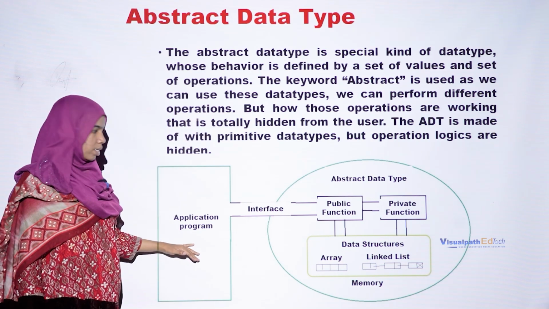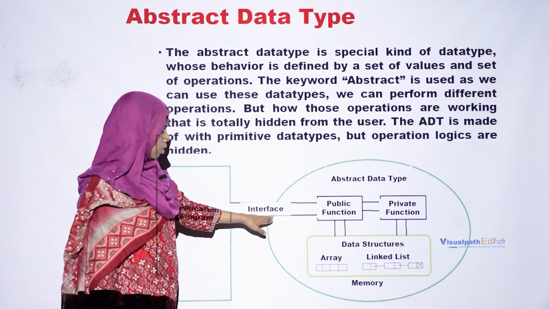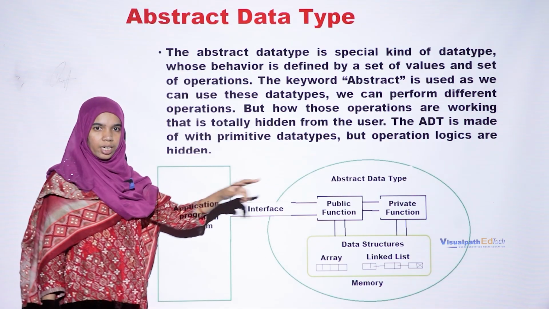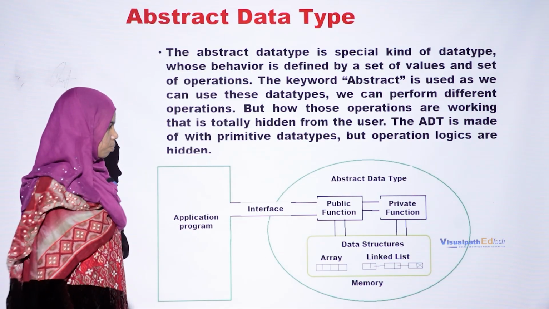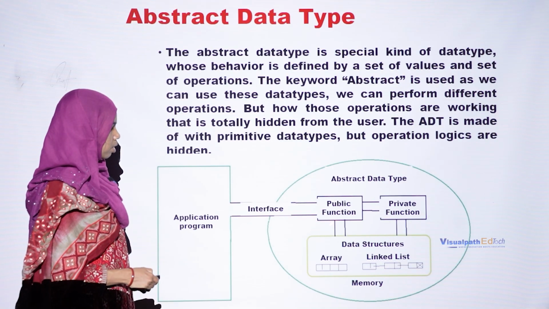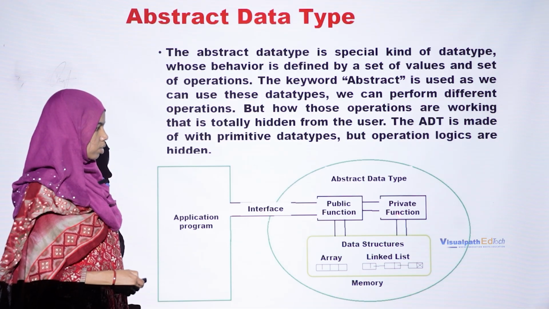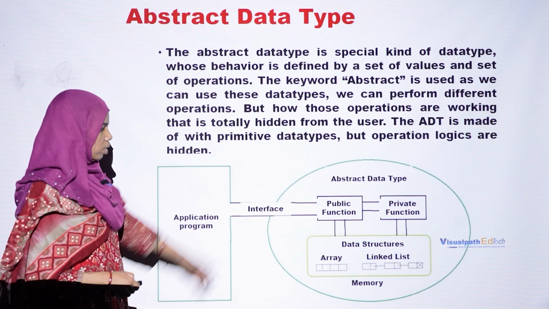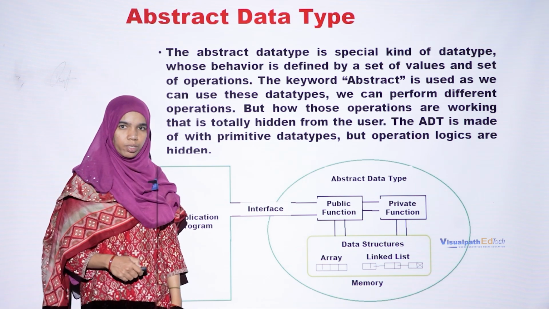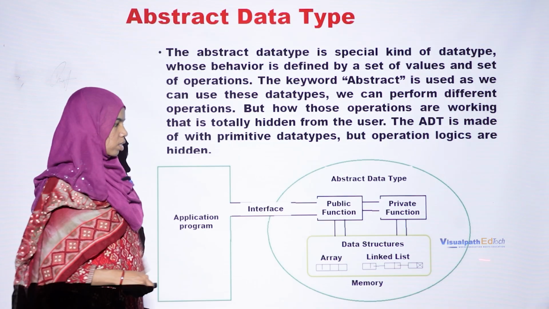Imagine that this is your application program and we have an interface. The interface helps the application program and the class ADT to interact with each other. There you can see we have the functions. There can be public functions or private functions available, and when we are designing the data structure, in the linear form of data, you have the concept of arrays, linked lists, stacks and queues.